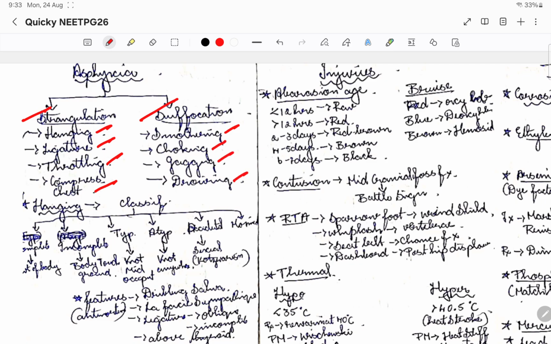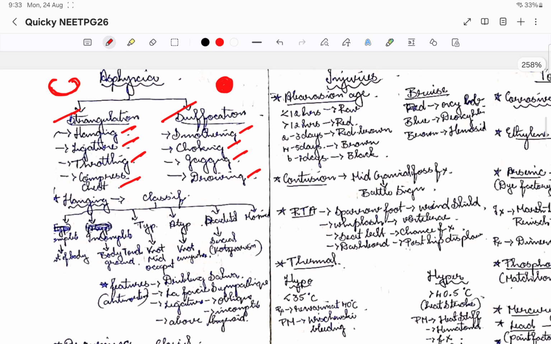The thing is, strangulation means anything around the neck. Suffocation is where we try to block the nose and mouth. So we use something to block the nose and mouth in suffocation, whereas in strangulation we use certain things to block the neck.